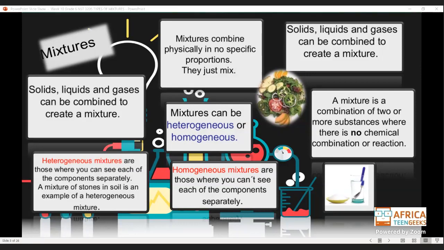So there's your one definition. Can you see that? And then we have a homogeneous mixture, where you can't see each of the components separately.